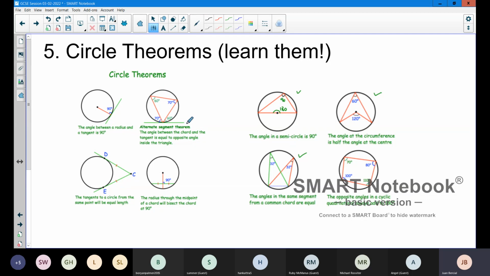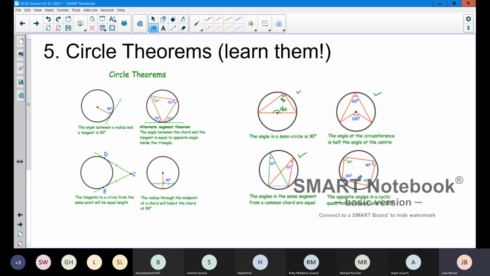The alternate segment theorem means that that angle will be the same. These two are the same really, because that angle is half of that, so that is 180 and that is 90. This one is quite easy to remember because the angles look very similar. They are the same.